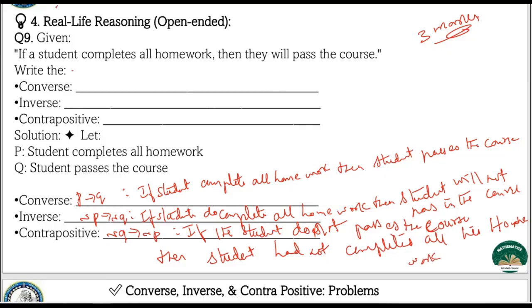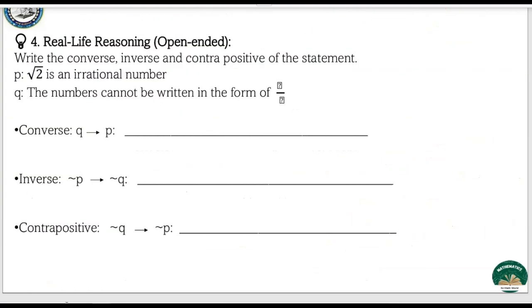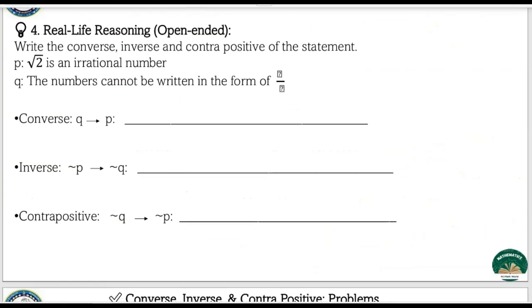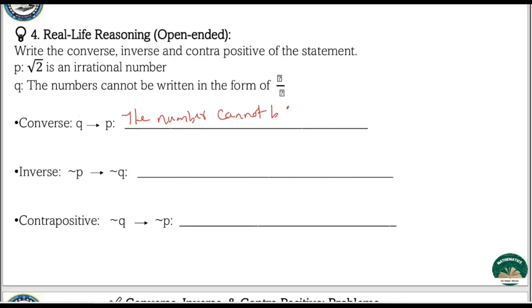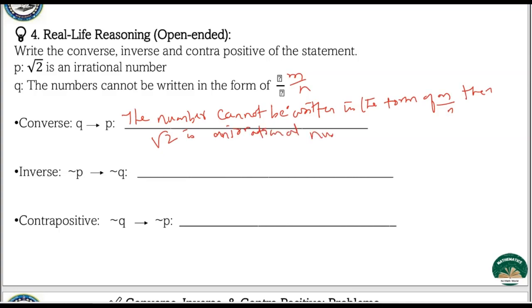So the next one is P implies Q. The number cannot be written in the form of m by n, then it is an irrational number.